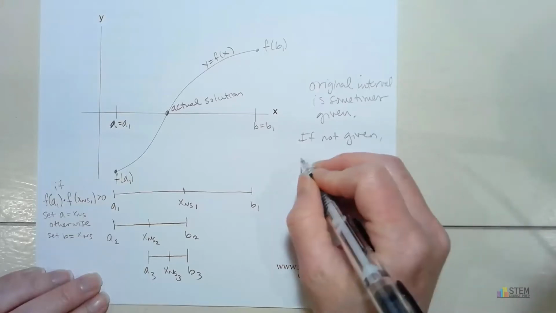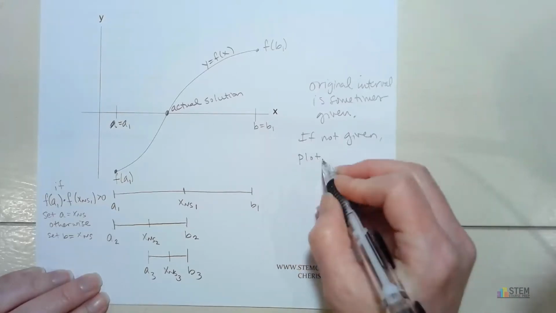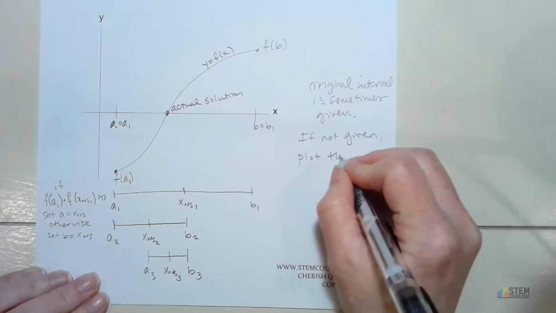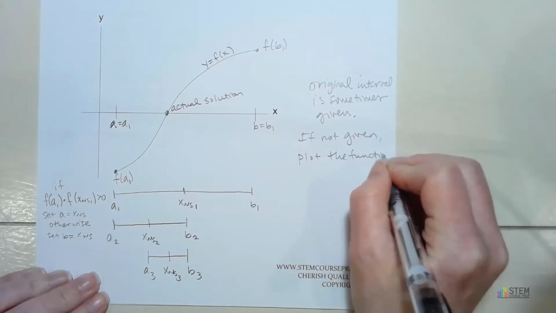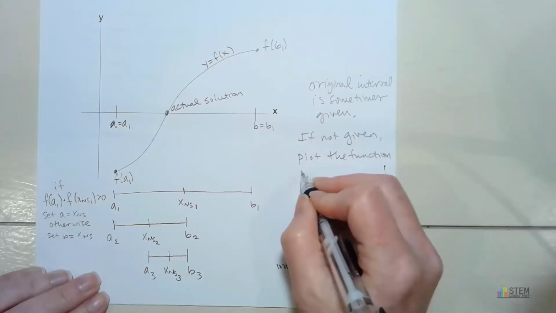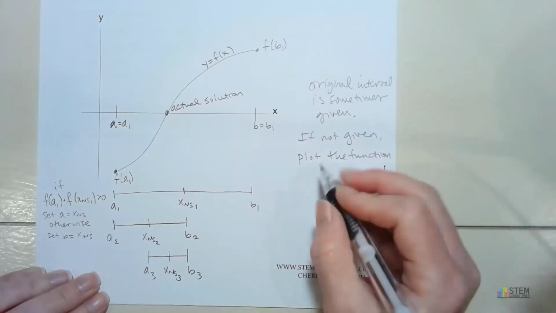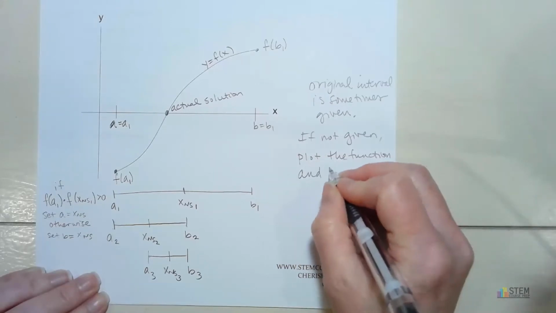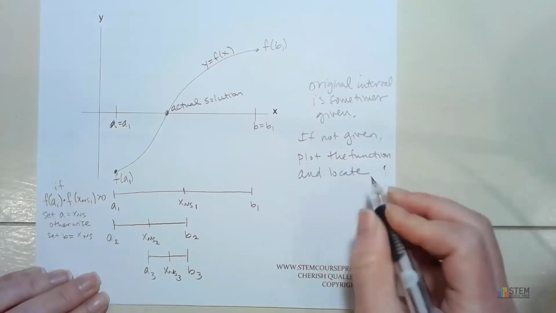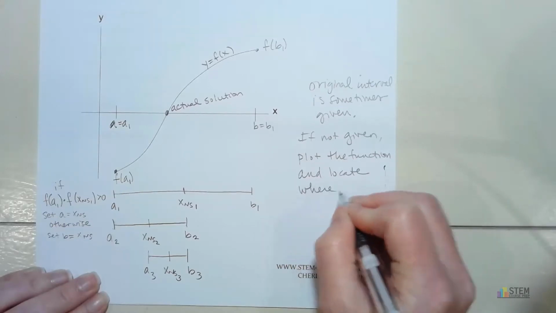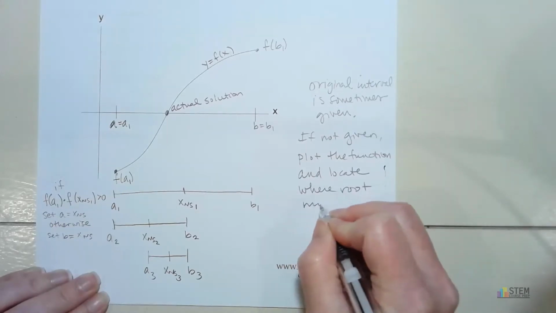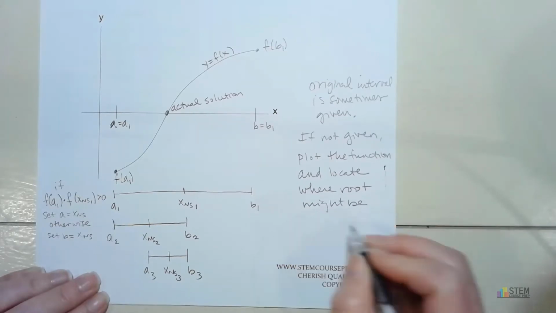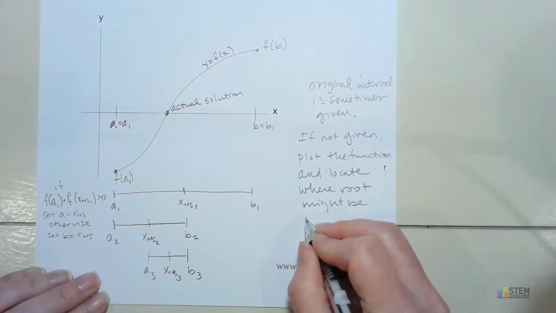A good thing you could do, if it's possible, is a rough sketch of the function and then guess what interval you should use. You want to plot the function, locate where you think the root might be, and then estimate your interval.